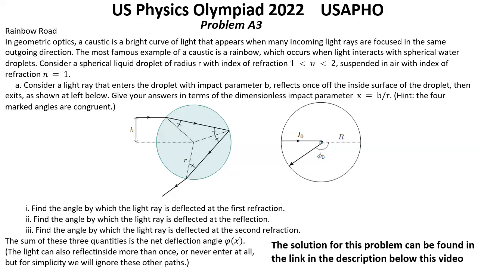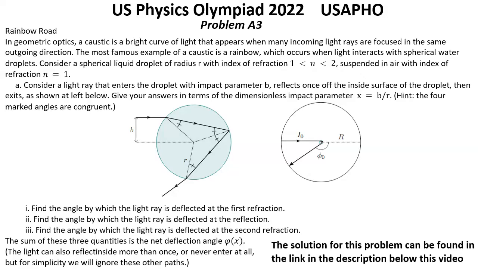Question A. Consider a light ray that enters the droplet with the impact parameter b, reflects once off the inside surface of the droplet, then exits, as shown at the left below. Give your answer in terms of the dimensionless impact parameter x equal b over r. Hint: the four marked angles are congruent.